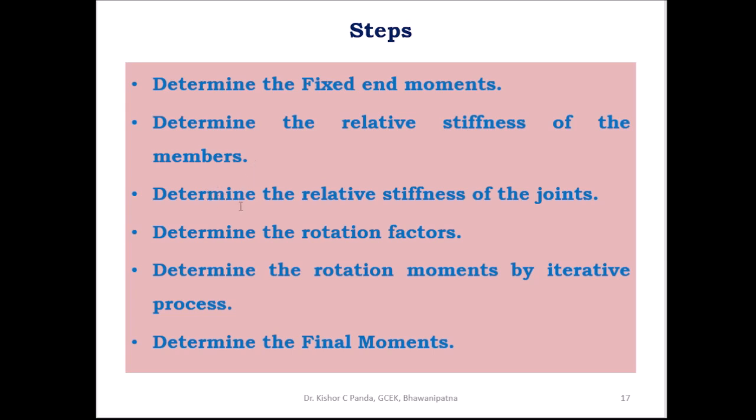Then find the relative stiffness of the joints. Then find the rotation factors. Then determine the rotation moments by iterative process. Then determine the final moments. These are the steps you have to remember when solving indeterminate structures by Kani's method.